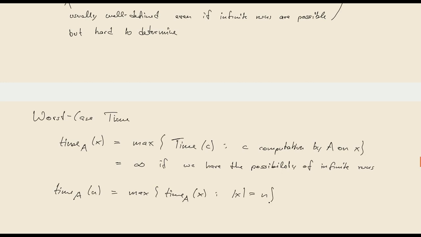So I guess the answer to your question is that your question would be rephrased in terms of this time definition: what if this max is not well defined? And the point is either the set of computations on this input is finite or it's infinite.